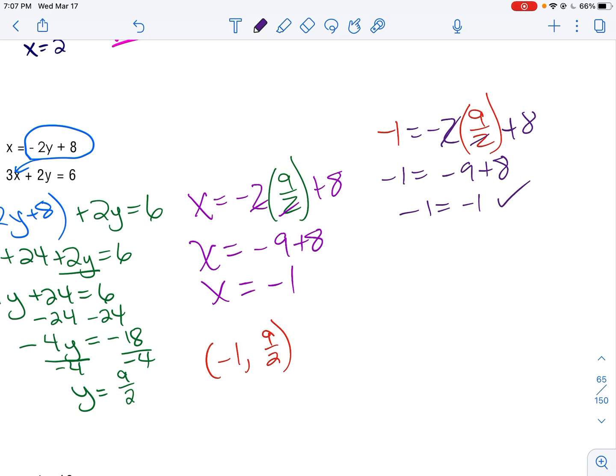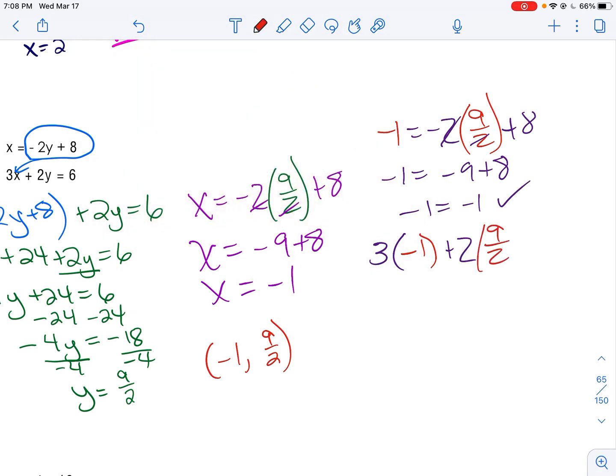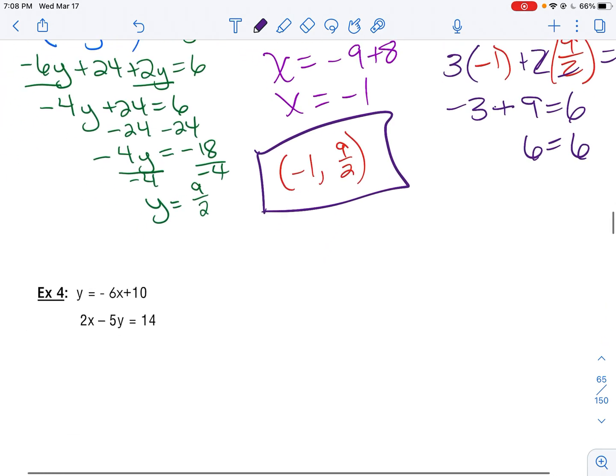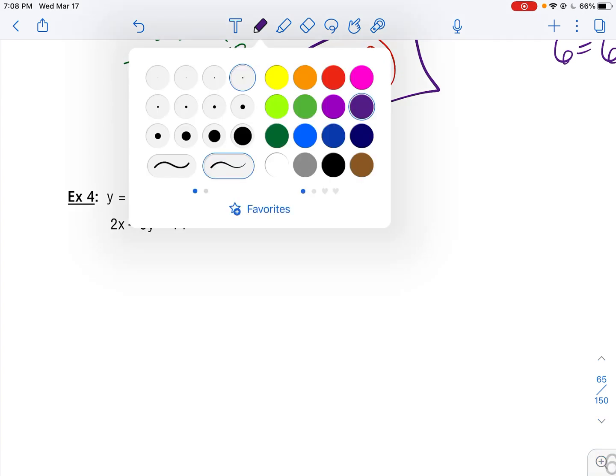If we plug it into the other one, we get 3 times -1 plus 2 times 9/2 equals 6. So -3 plus, these 2's cancel, 9. Nope, that is the right answer. Look at that, 6 equals 6. It came out as a fraction. Amazing. Fractions are friends.